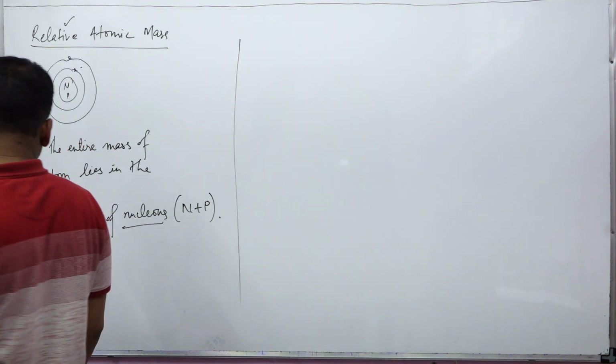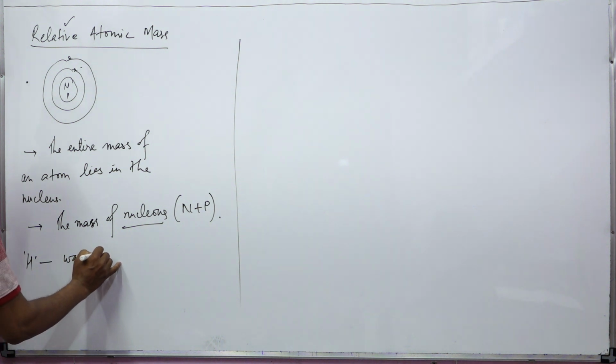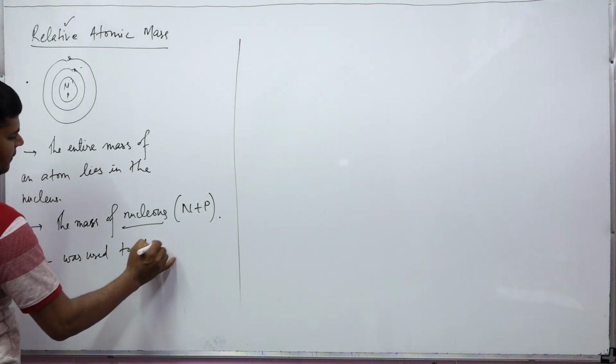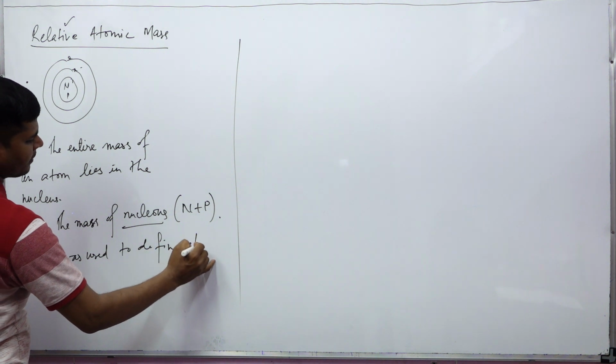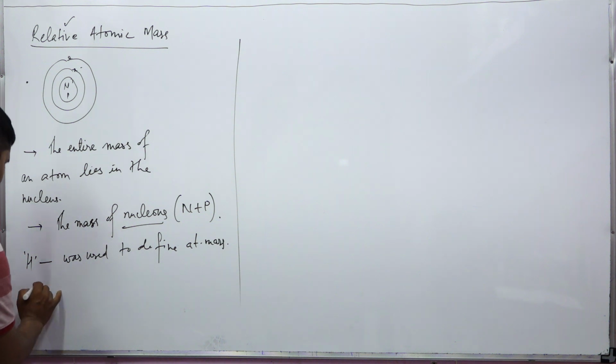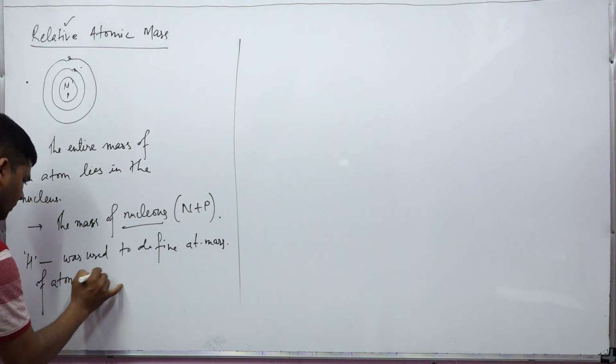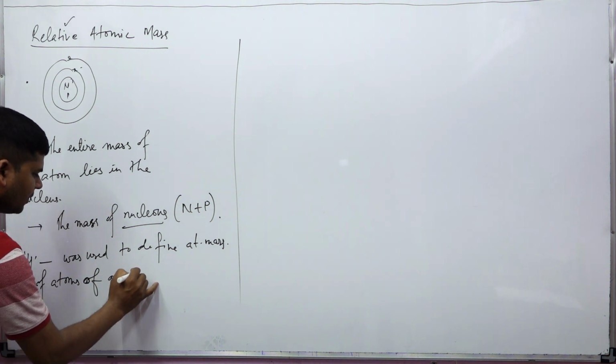Initially, hydrogen was used to define atomic mass of atoms of any element.